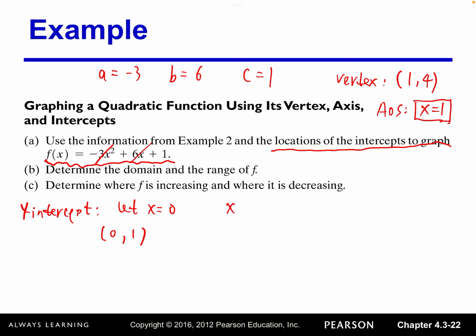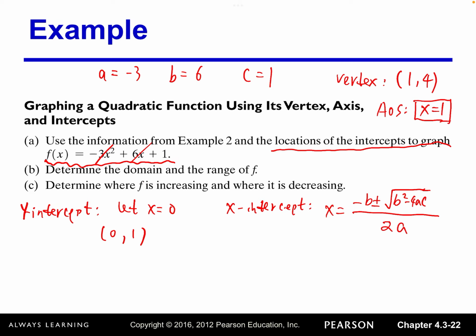And then find the x-intercepts. We need to use the quadratic formula, right? Which is x equals -b plus or minus the square root of b squared minus 4ac, divided by 2a.